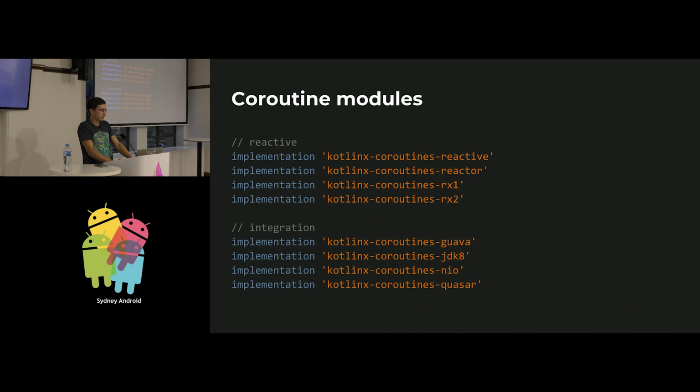So basically, they have a lot of modules here. For Rx1, Rx2, Reactor, some JDK8 and NIO stuff. So whenever you want to bridge something, let's say from reactive stuff to coroutines, you can easily do that by importing one of these modules.